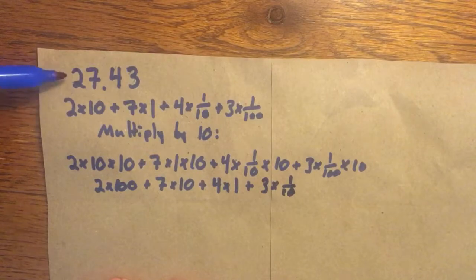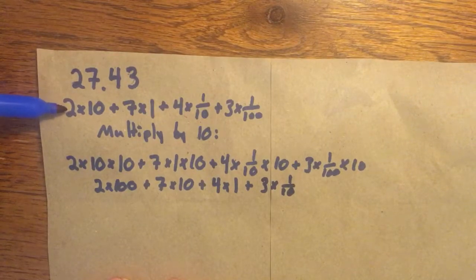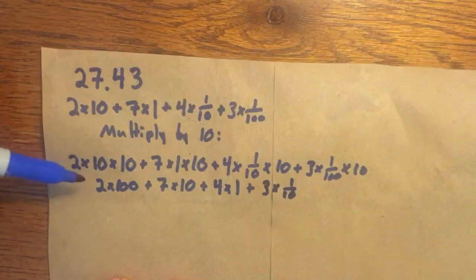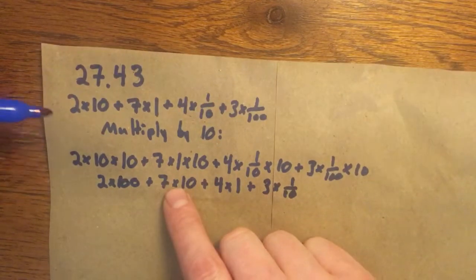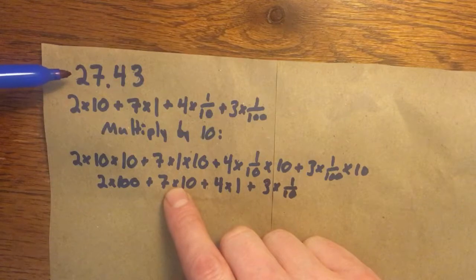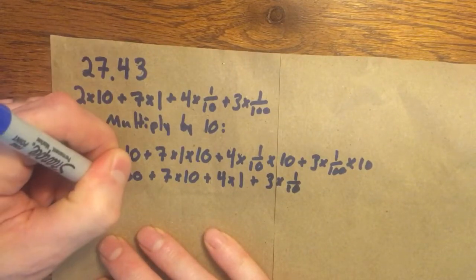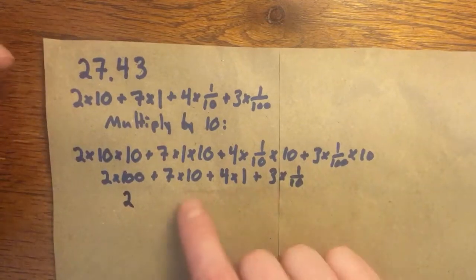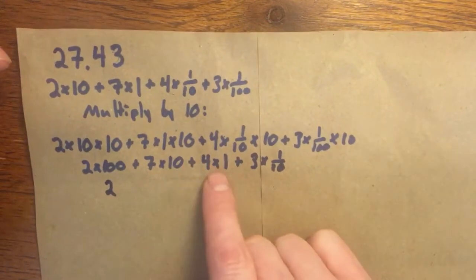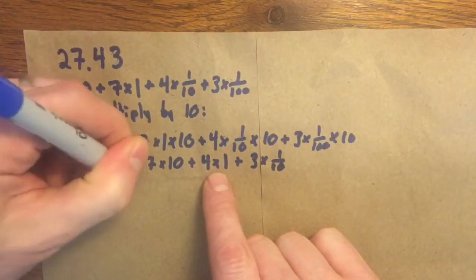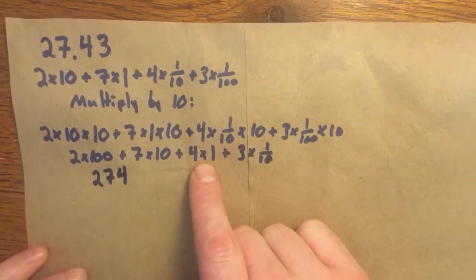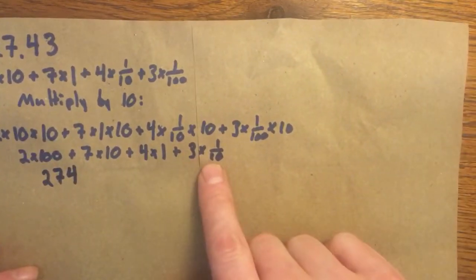Now, I took the number from here and I broke it out into a place value form. Well, I can take the place value form that I have down here and put it back into a decimal number form. So that's 274 and 1/10.